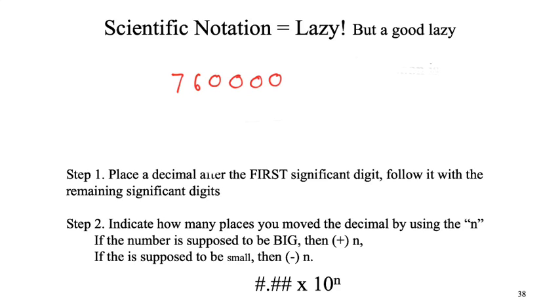So let's go ahead and take a look at this. We said 3 significant digits, which means if we underlined our significant digits, we would get 7, 6, and 0. The most common answer I get from this question would be this. It is now 3 significant digits. And I go, fantastic.